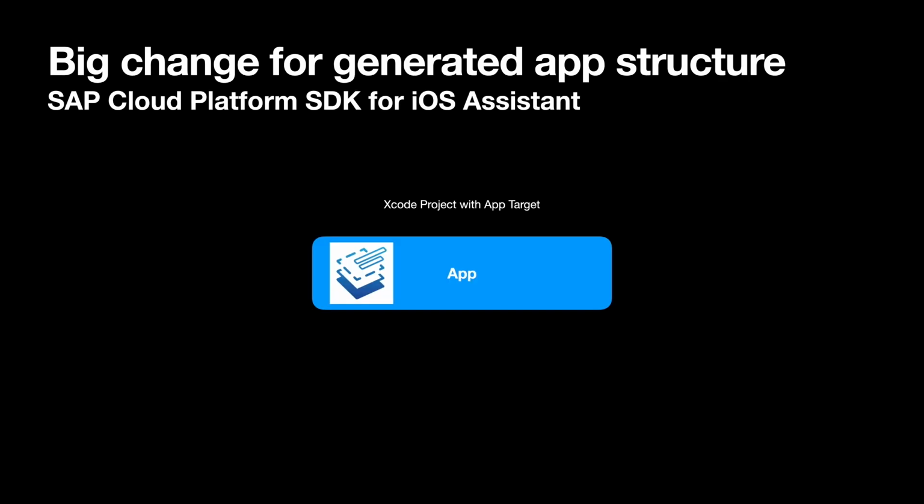To support all this, the SDK changed the structure of the generated project significantly with Assistant version 6.0. So far you were used to a generated Xcode project containing a single target, and all source code and resources were accessible to that single target, including the generated OData proxy classes.